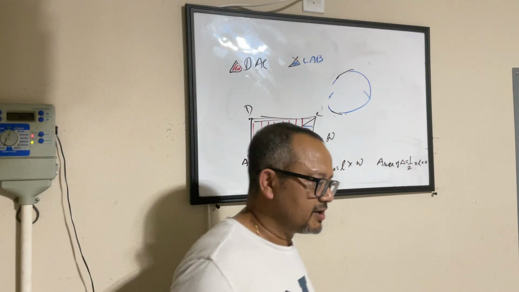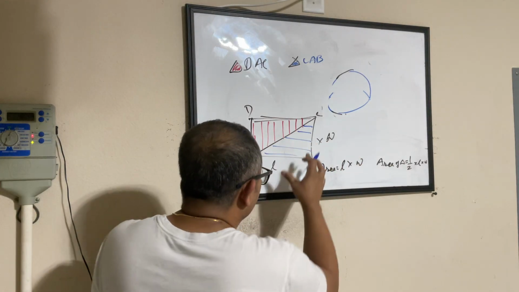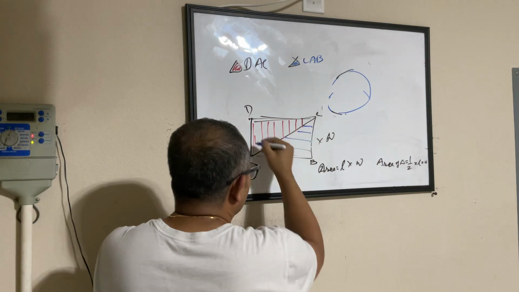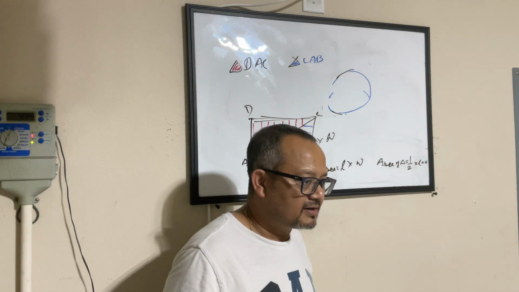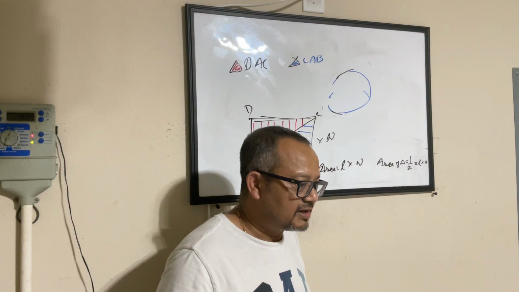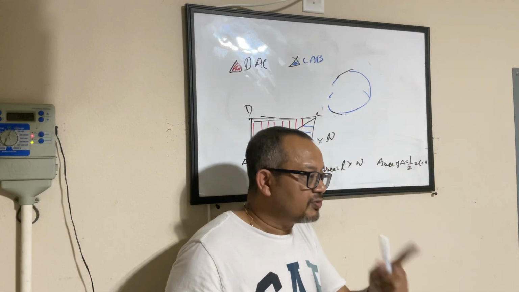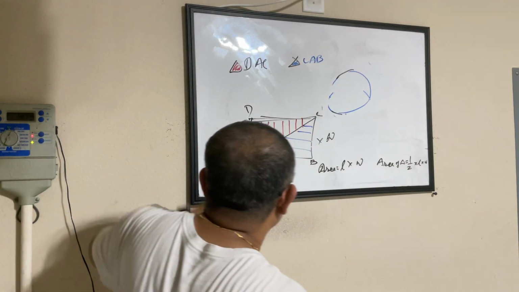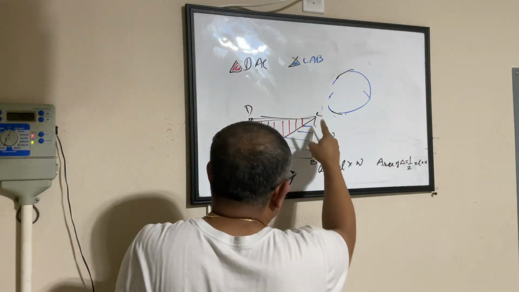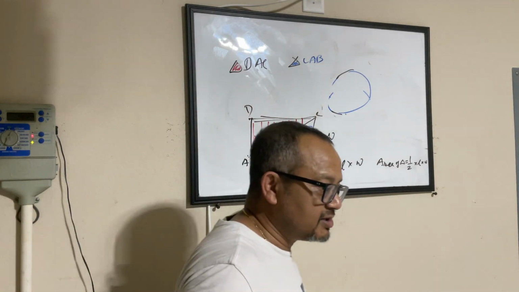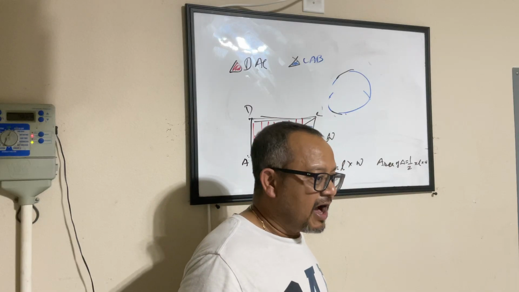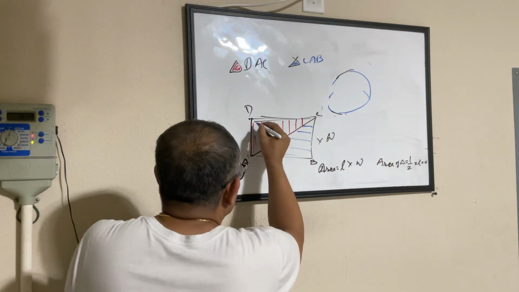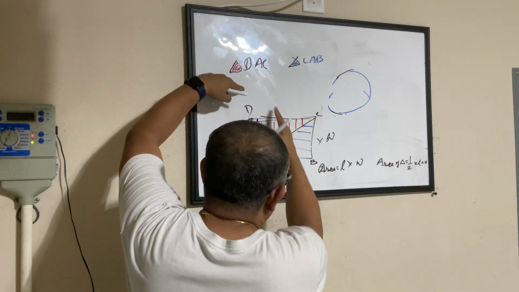Okay, alright. Now, if I can figure out that this blue area is the same as this red area, then we will be fine, right? If we can prove that. And we can prove that only if we know that this red triangle and this blue triangle are congruent. How can we prove that? Look at this. This red triangle is a right angle triangle.